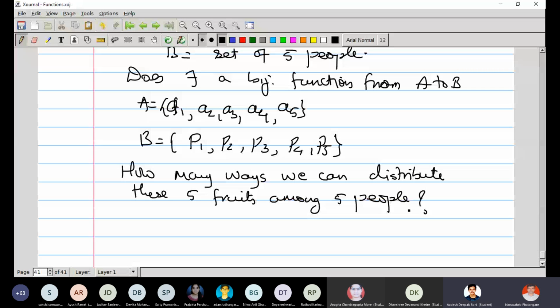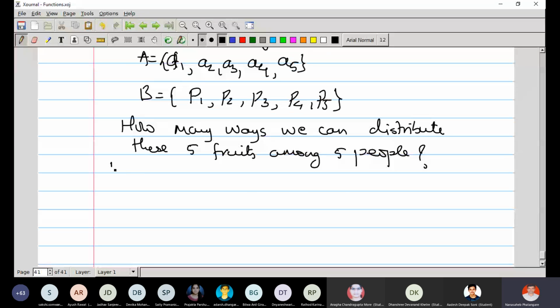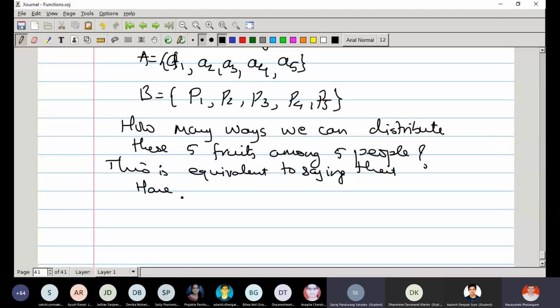5 factorial. So, right, how many ways can I distribute 5 fruits among 5 people? That means how many bijective functions are there from set A to set B?